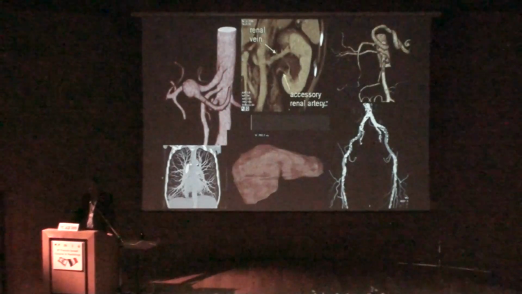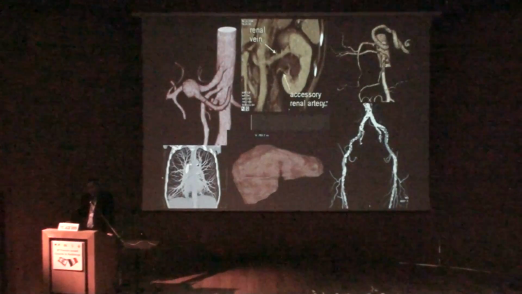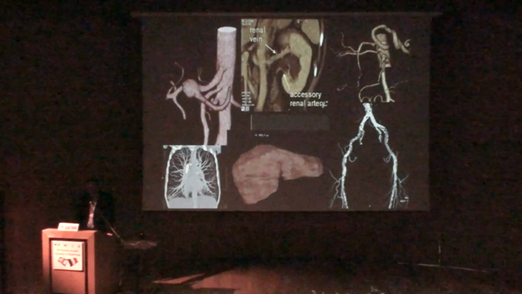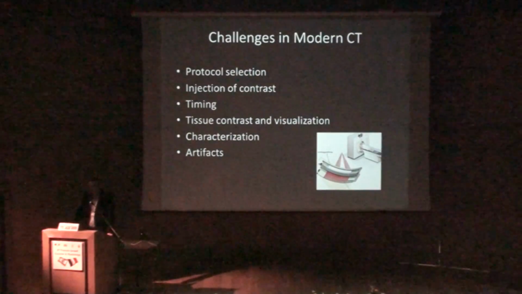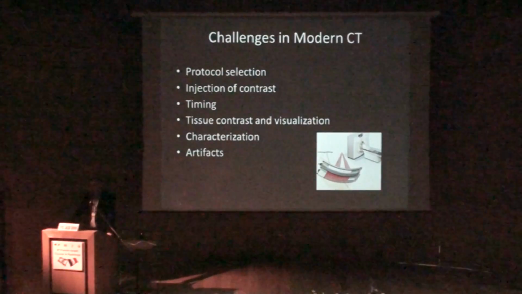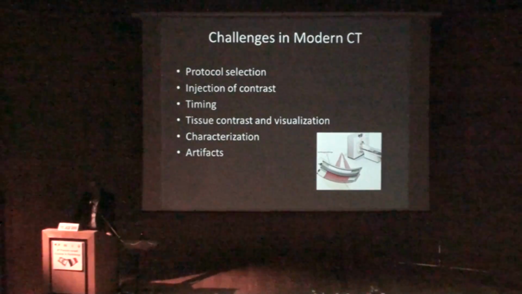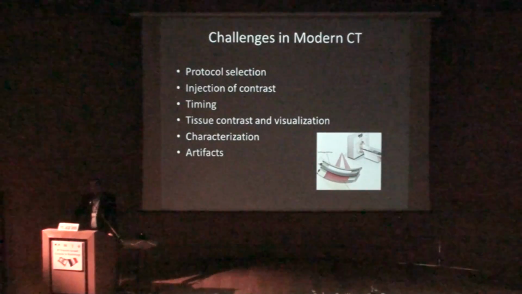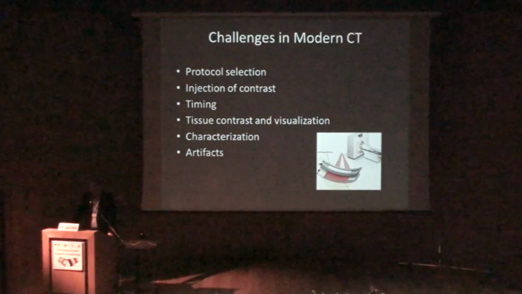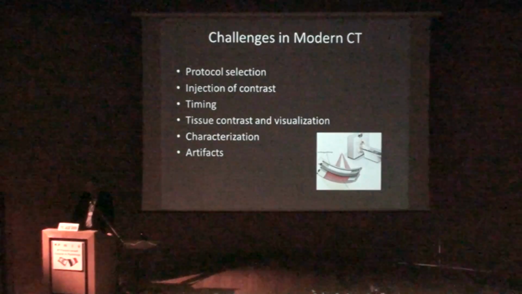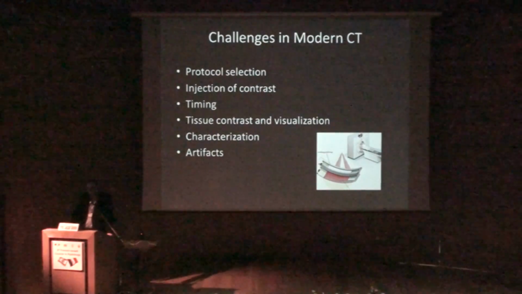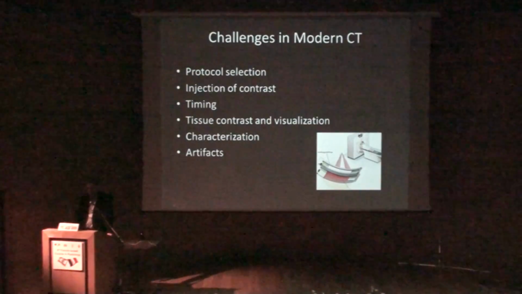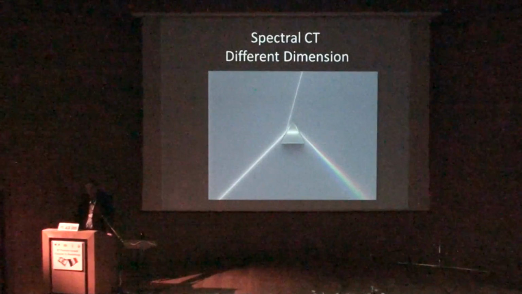Currently, we can have 3D printing where we can actually touch the organs, but we do have a lot of challenges, and some of these can be overcome by spectral CT or dual energy CT. We have issues with the selection of the right protocol, the injection of contrast, the timing of scanning, tissue contrast and visualization, characterization, and we also have a lot of artifacts.